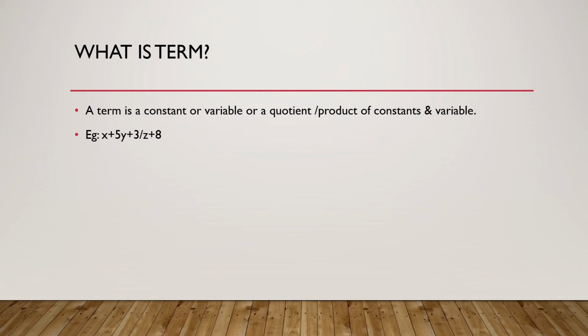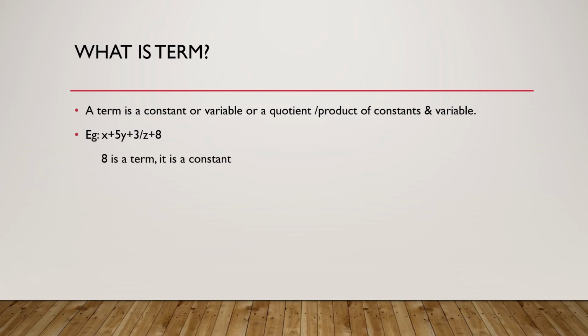Here, 3 divided by z is a coefficient, where 3 is a constant and z is a variable. And 8 is a constant. It is always fixed. The value of 8 does not change.